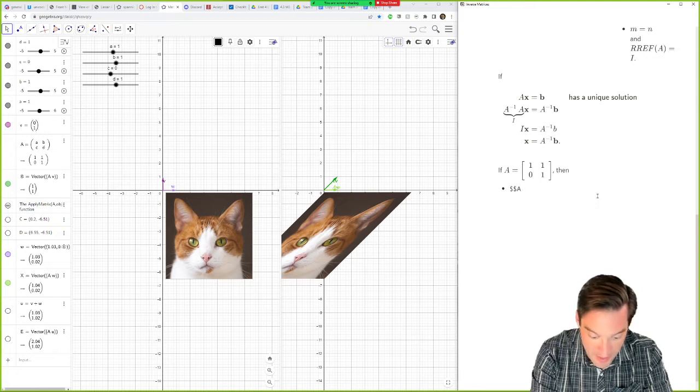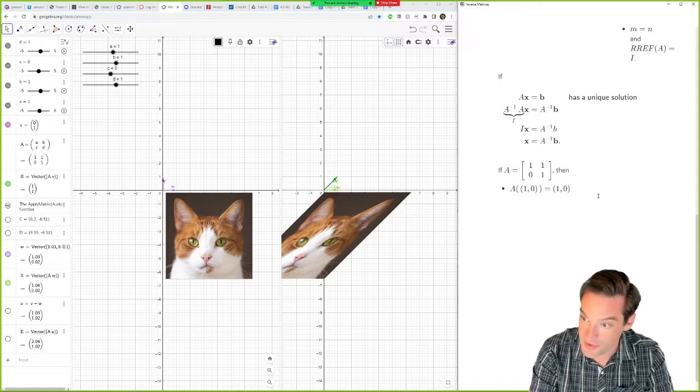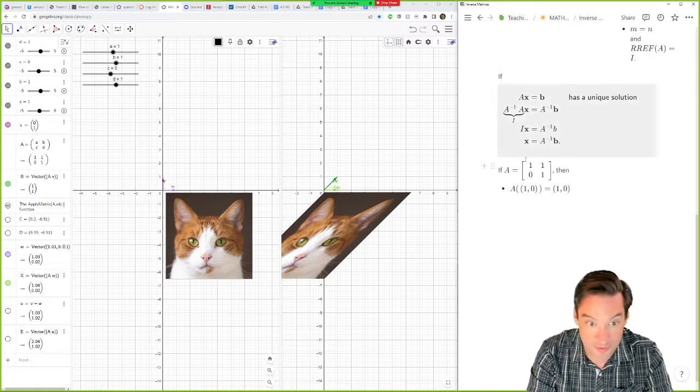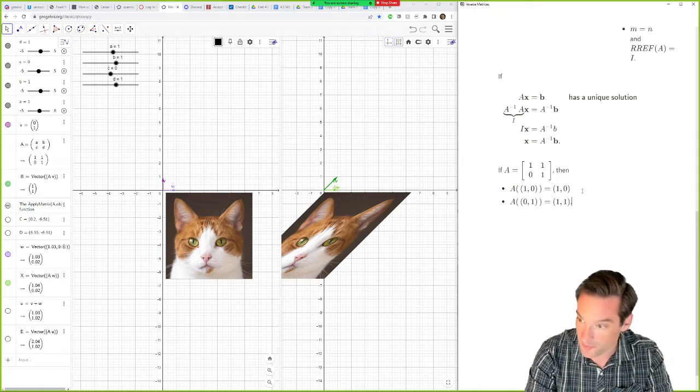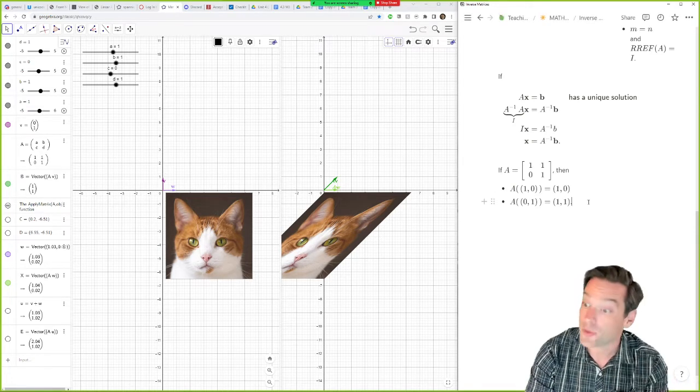I know that A applied to the first standard basis vector, 1, 0, is going to give me exactly the first column of my matrix. So A of 1, 0 is going to equal 1, 0. That's the first column of A. And we know that A applied to the second standard basis vector, 0, 1, is going to give me the second column of my standard matrix, which is 1, 1. So this is what we know that A does in the forward direction.